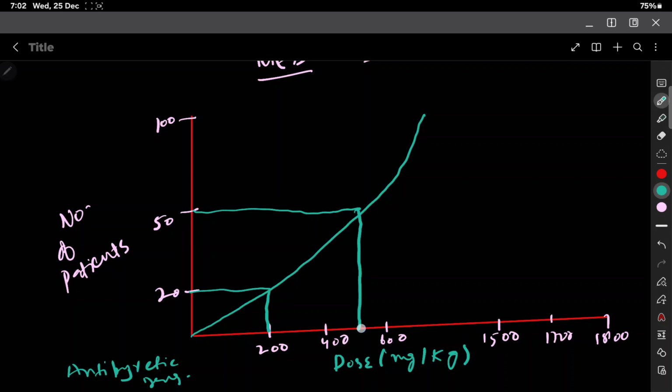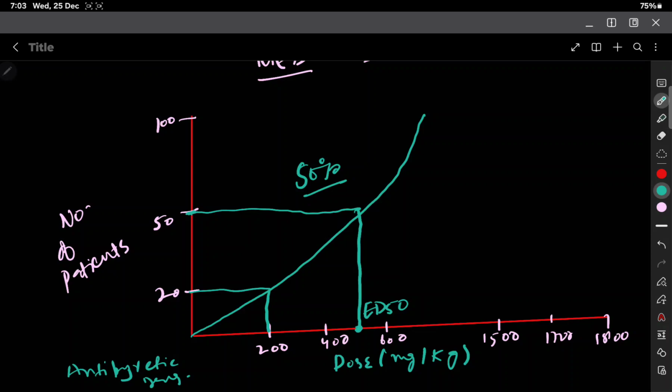So this will be ED50. At the dose of 500 mg, 50% of patients are showing the clinical effect. So this point here is ED50, or we can say median effective dose, where 50% of the people are showing the effect.